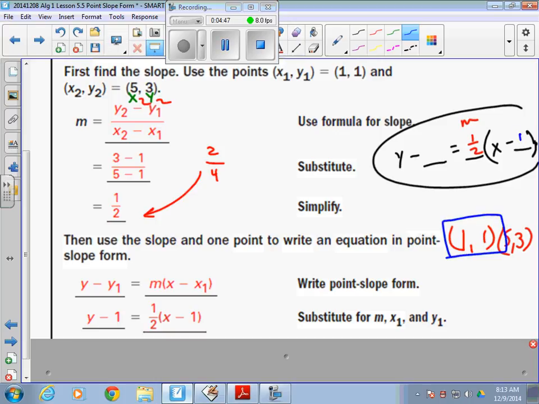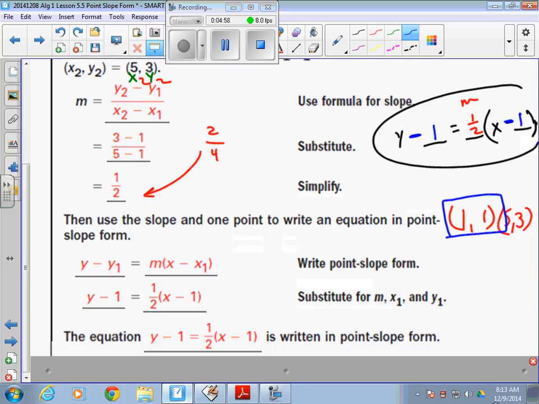So right here it says -1. And the opposite of 1 again, so again it says -1. And we'll have another example that shows that in a second, just so that opposite part doesn't confuse you. So the equation says y minus 1 equals 1/2 times x minus 1. That's written in point slope form.